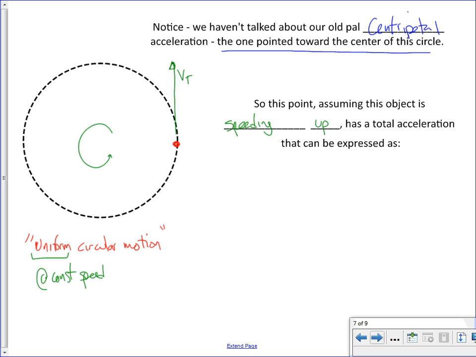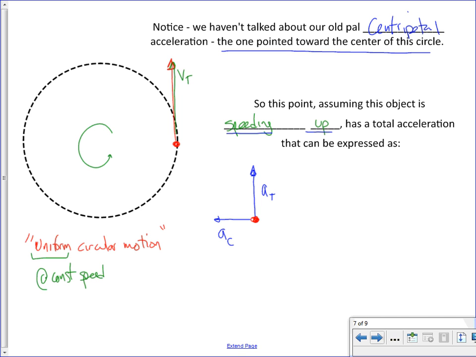There's some component of its acceleration that points in the direction of motion. That's why it speeds up. But there's also got to be some component of acceleration that points inward, that does the changing of direction part.